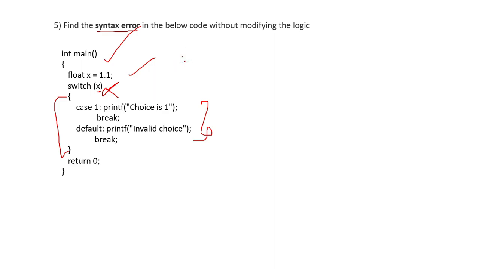Only integer values should be used as a parameter, no other values, because for switch case you will have cases in numeric values but not in floating point values. So you should not use a floating point parameter in switch case. So this is the basic syntax error.